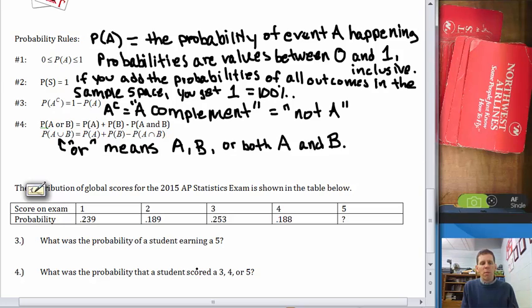For Rule 4, what's the probability that a student scored a 3, 4, or 5? Well, that would be the probability of students earning a 3, plus students who earn a 4, plus students who earn a 5, as well as anybody that earned both scores. Well, since that's impossible, all you have to do for step 4 is add these probabilities together. See if you can do these 2 problems, check your answer with your teacher, and that should give you a pretty good understanding of how basic probabilities and sample spaces work.